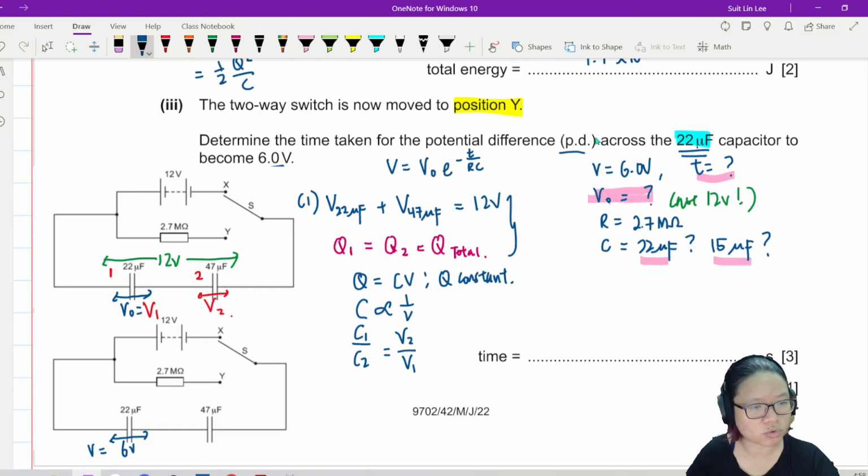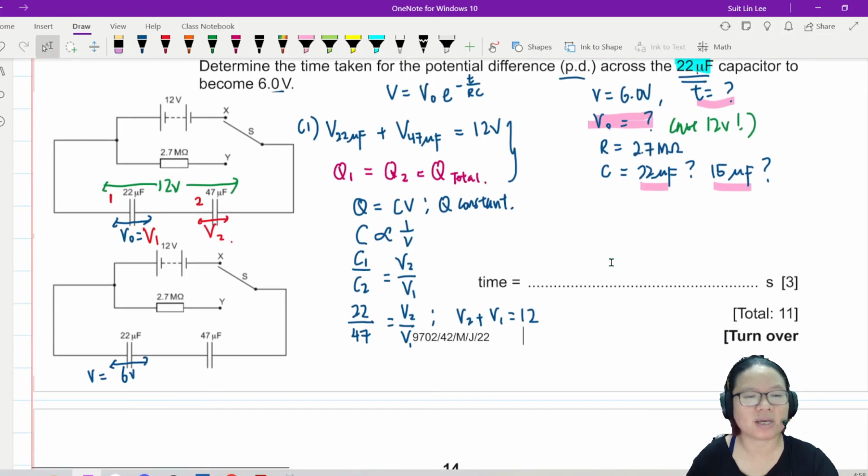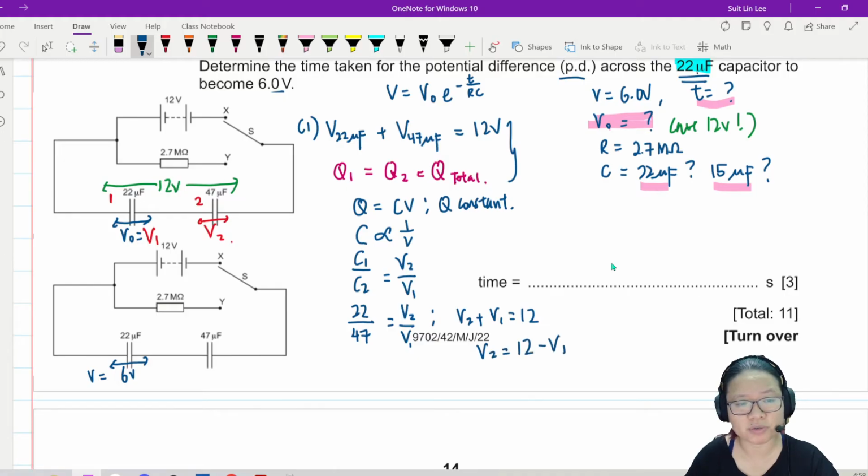C1 over C2 would be 22 microfarad over 47 microfarad. And V2 over V1, I don't know. But I do know that V2 plus V1 is 12. So since I'm looking for V1, can I substitute V2? V2 will be 12 minus V1, right?